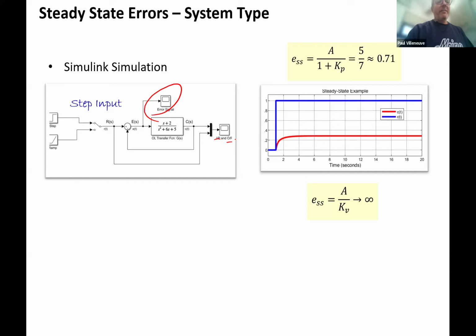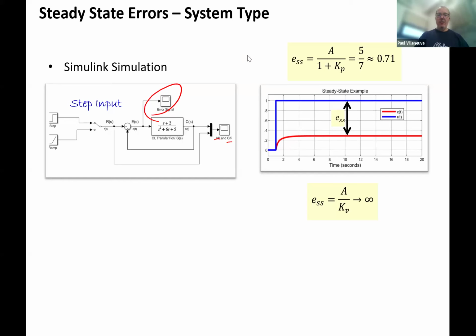And what I see is when I hit the input with a unit step, I go up to my normalized value of 1, and then my output ramps up a little bit, but then eventually dies out. And I've got some error between the two. And that's 5/7 or about 0.71, which is pretty high, right? When you're trying to get to 1 and you're off by 0.71, that's a pretty high value.